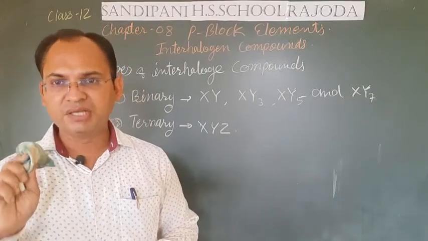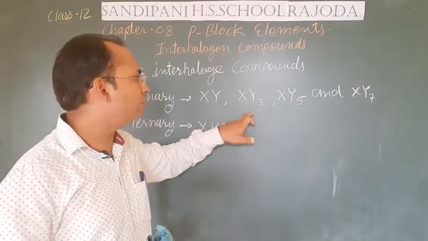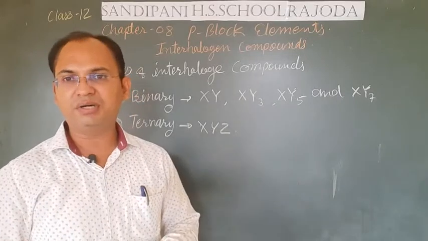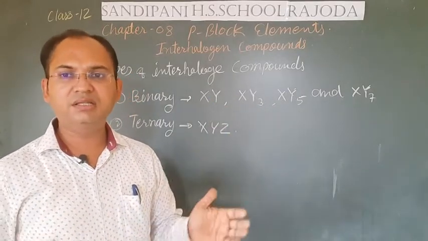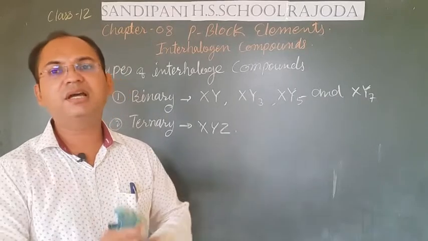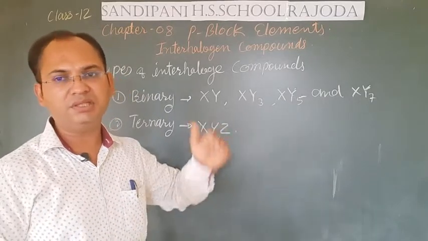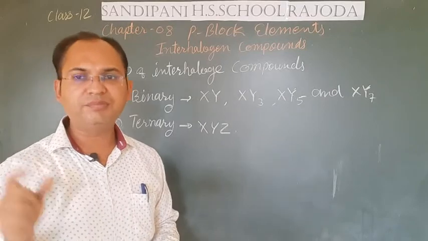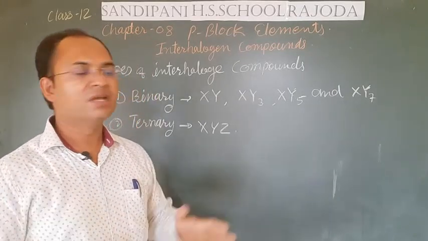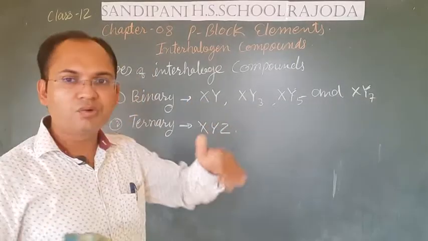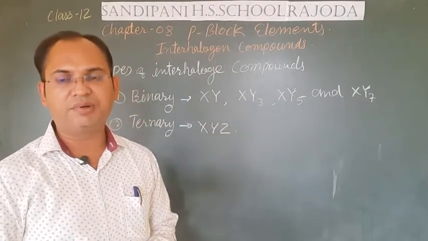First thing. Second thing, Y is always more electronegative as compared to the X. Only then the covalent type of bond will form between the halogens. So remember, interhalogen compounds are always the simplest type, or we can say covalent type of compounds.